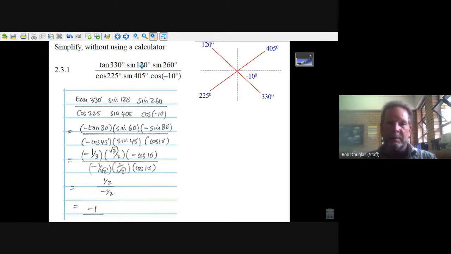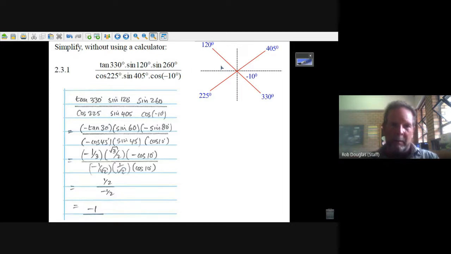Let's look at this one, the sine of 120. We go to where 120 degrees is, and that's our first job. Now we have to look for the reference angle, the wedge that's formed between 120 and the horizontal 180 degrees. 180 minus 120, the reference angle is 60 degrees.